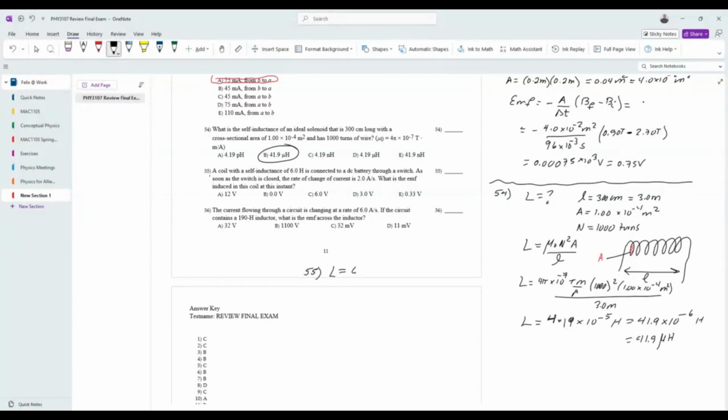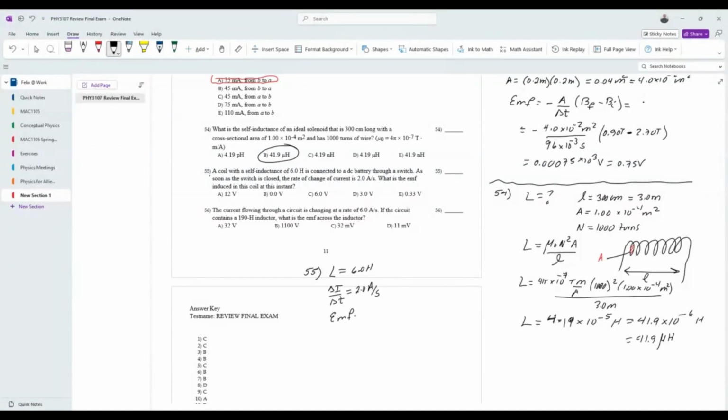So L is 6.0 henrys. It's connected to a DC battery and a switch. As soon as the switch is closed, the rate of change of the current is 2 amperes per second. This is delta I over delta T, the rate of change of the current with time, and this is 2.0 amperes per second.